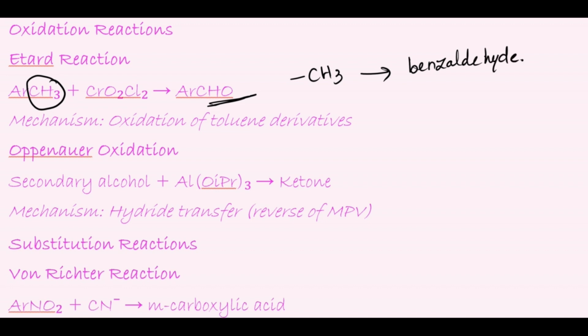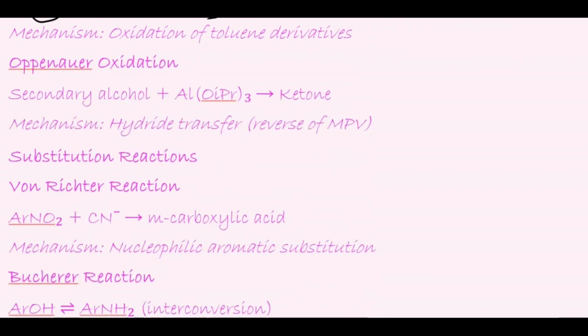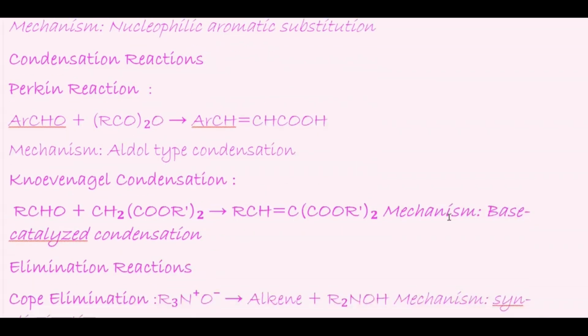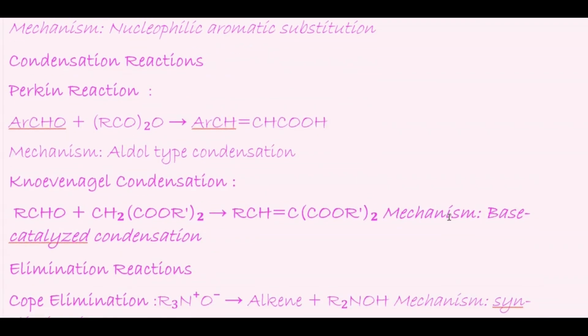Etard reaction is super important. Please note it down. Then Perkin. It is also similar to the aldol condensation reaction. Here you can see I am taking an aldehyde and what is this? RCOO.